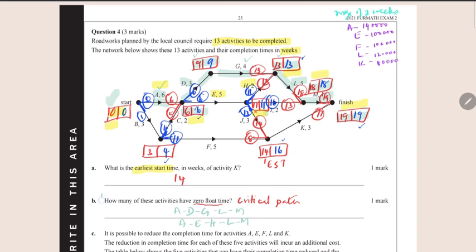So they're asking you how many of these activities have 0 float time. That implies that these activities on the critical path will have 0 float time. They don't have time which can be delayed. The activity has to start straight away.